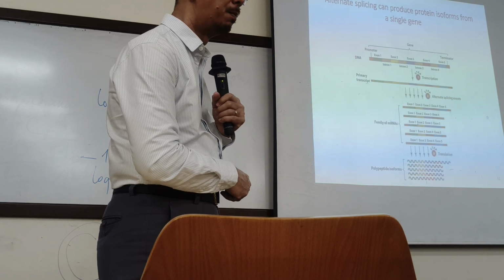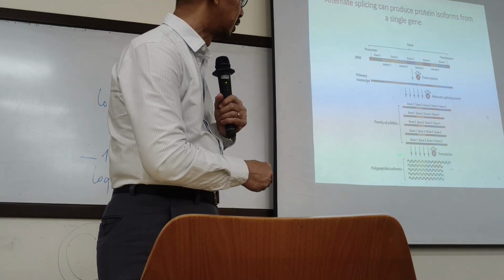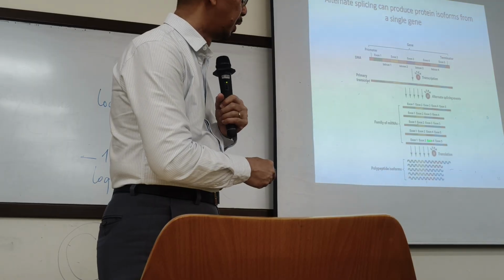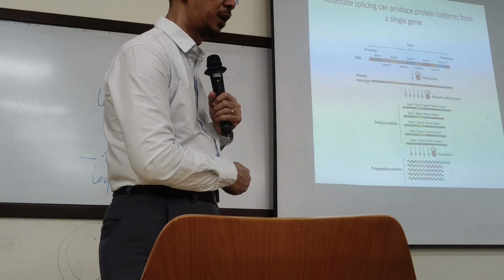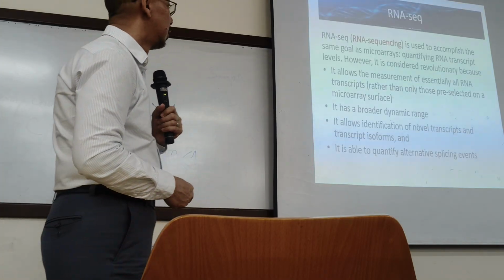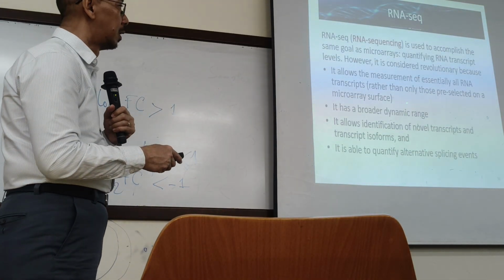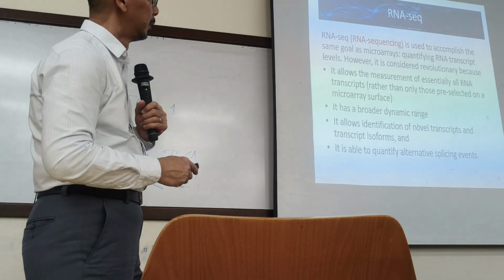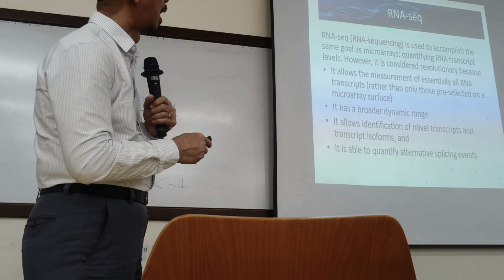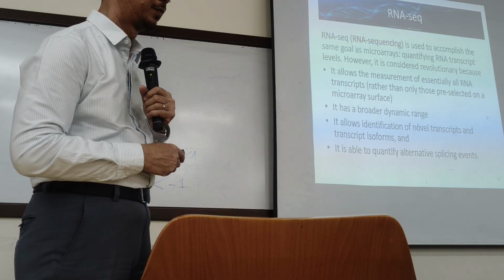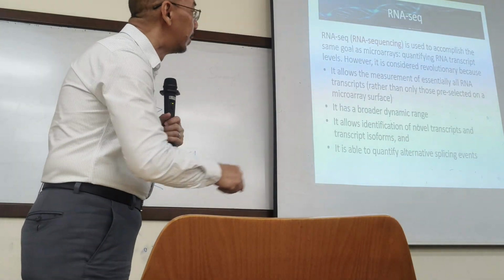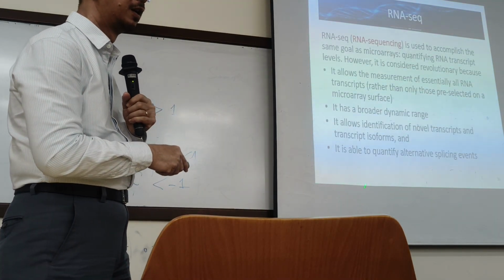Which one is more common? Which isoform is generated more commonly? Sequencing technology can do it. So that's why we consider RNA sequencing a revolutionary technique, due to some advantages here.